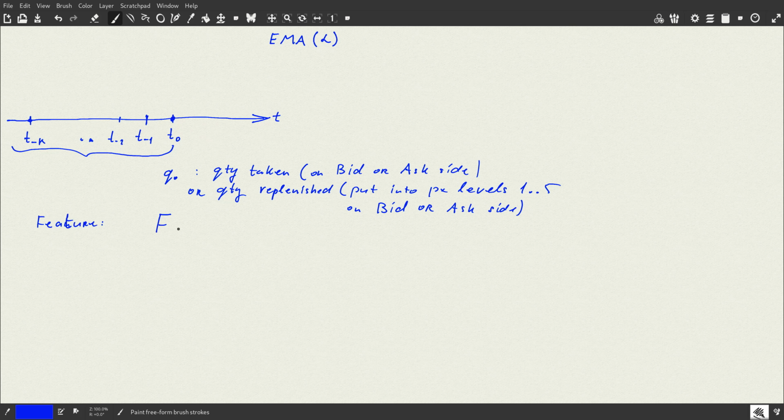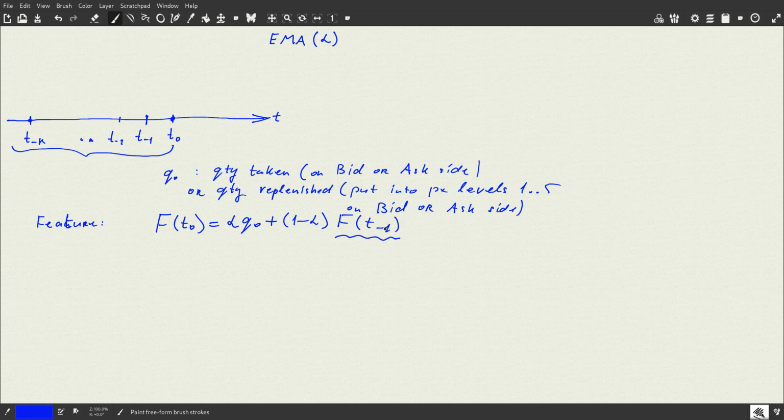The current feature at T0 would be equal to alpha times quantity Q0 plus 1 minus alpha times your feature at time t minus 1. So you take the previous value of your feature with the weight 1 minus alpha, and you take the current value of the quantity with the weight alpha.